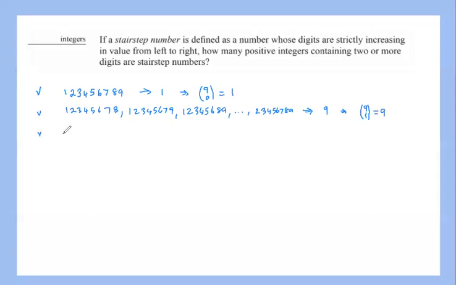For the next case, 7-digit numbers, it is really hard to list those, even though it's just 7 digits. We are just going to leave out 2 digits, so we need to decide which 2 digits we are not going to take in our number.